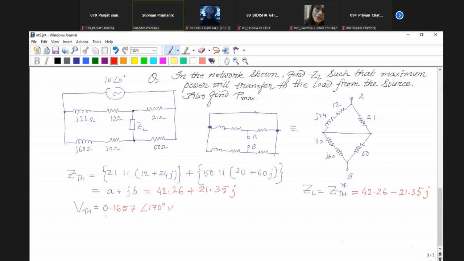Angle part is not needed. What we need is the value of Pmax, that can be found as mod VTH square divided by 4 into RL or RTH. RL means the resistive part.